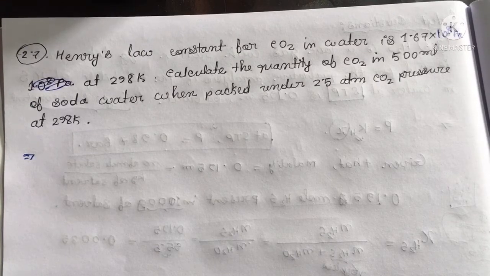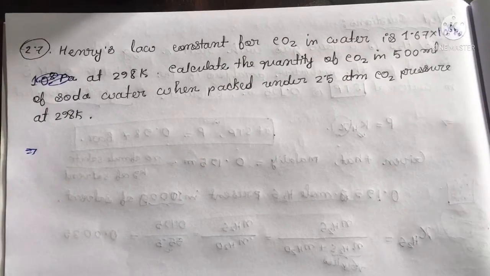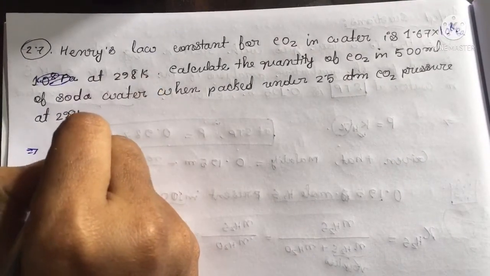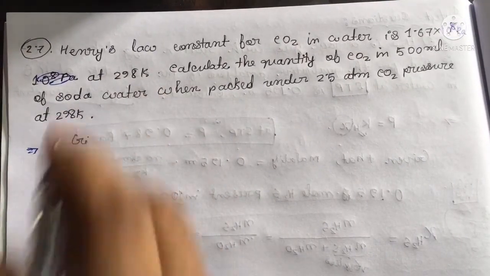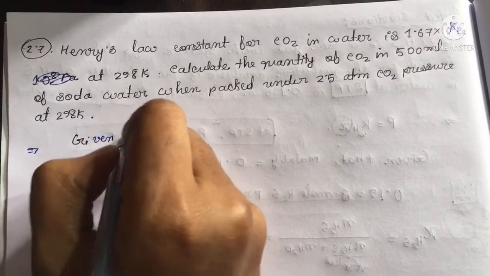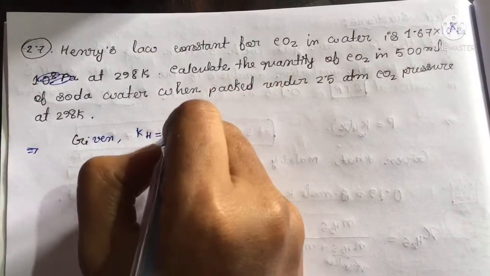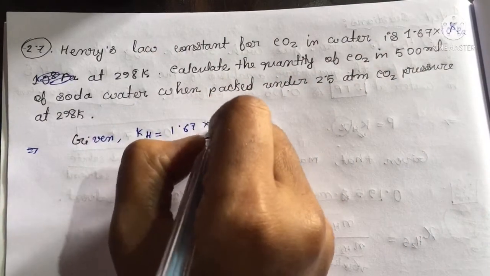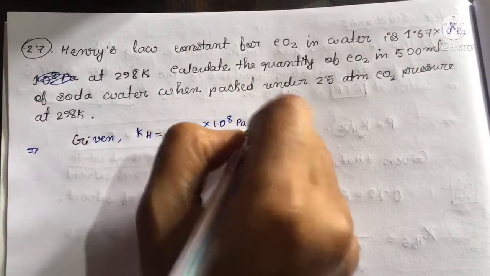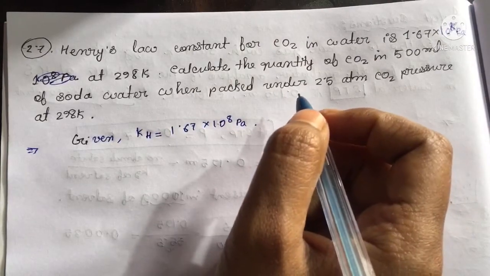But no need to worry. Just write those given things. Here kH, the Henry law constant, is given as 1.67 into 10 to the power 8 Pascal. And what's the next thing?